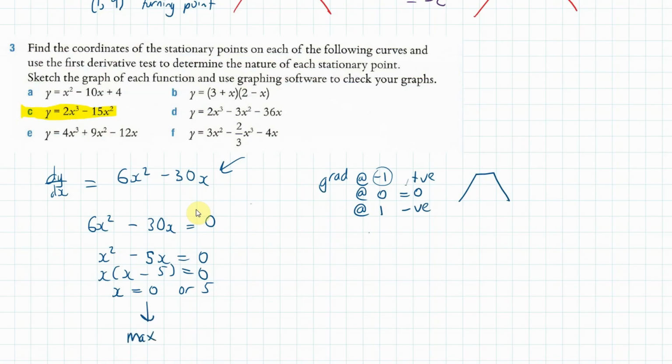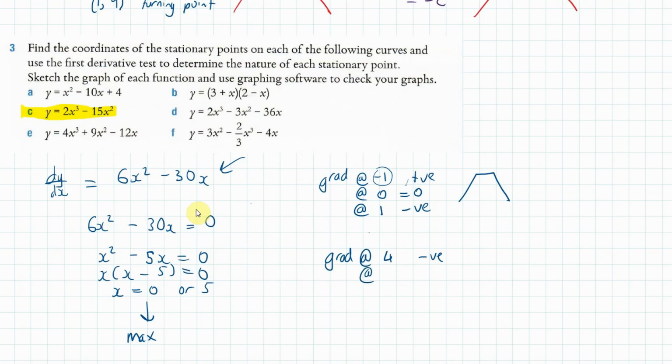Now let's do the same with 5. Gradient at, well, what's just before 5? 4. So we chuck that in, and we get 6 times 16 minus 30 times 4, and that gives me a negative gradient.